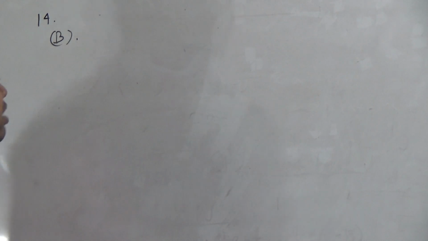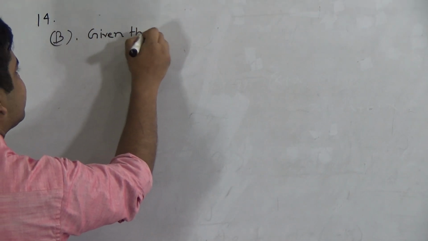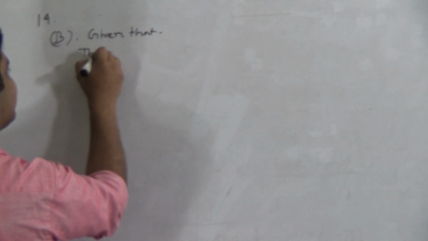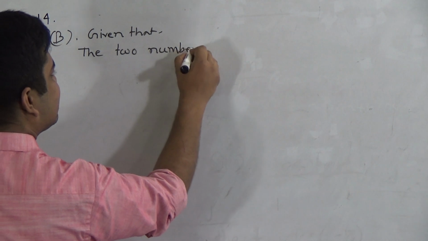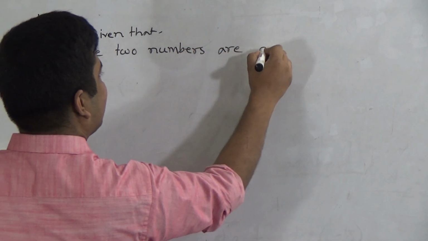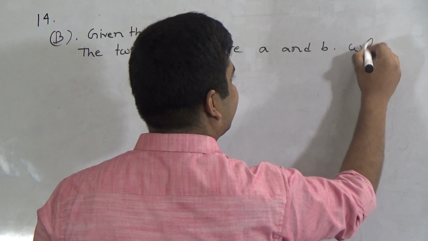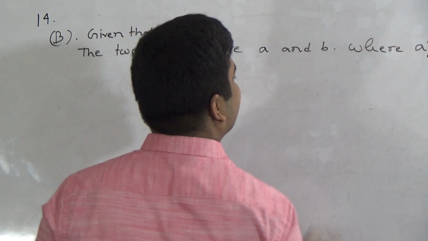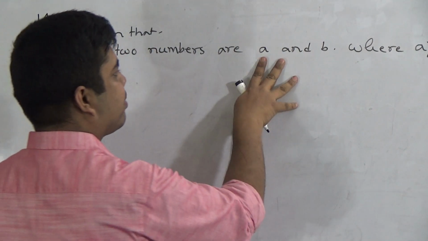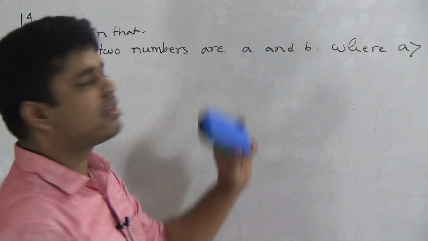are two given numbers. So first of all, you write given that the two numbers are A and B, where A is greater than B. That means if the value of A is 6, then the value of B must be less than this 6.